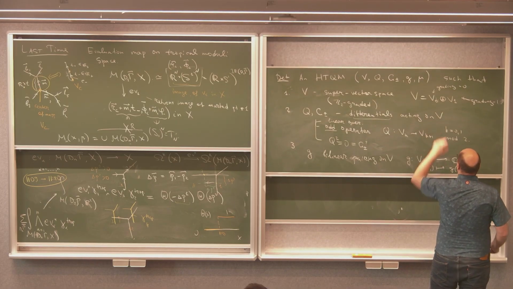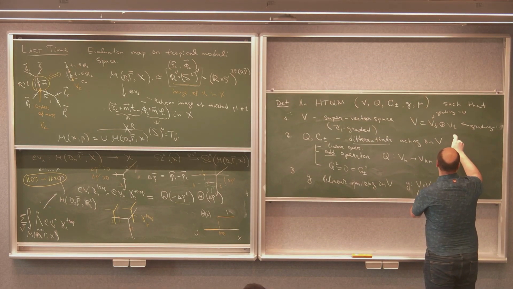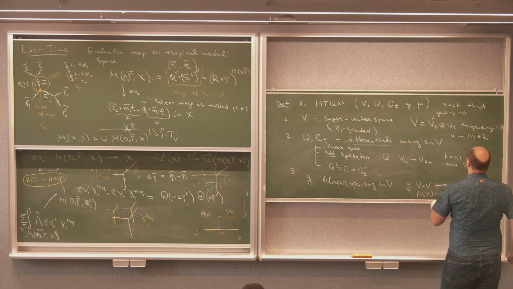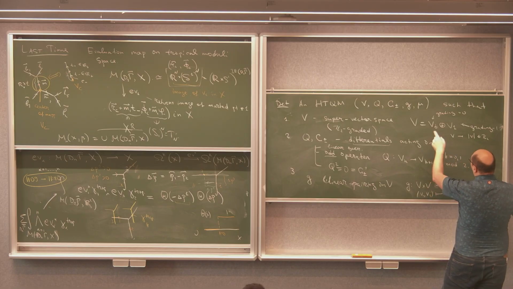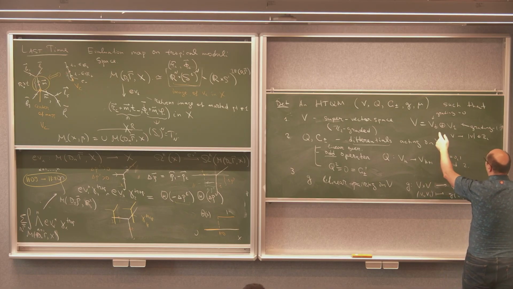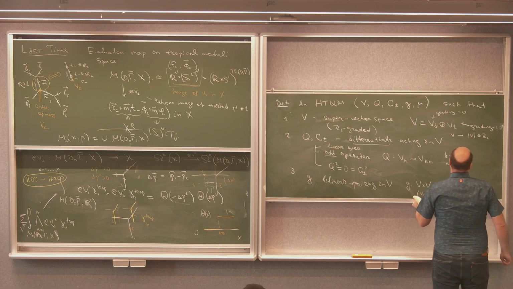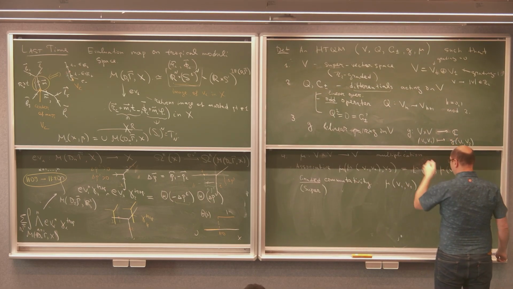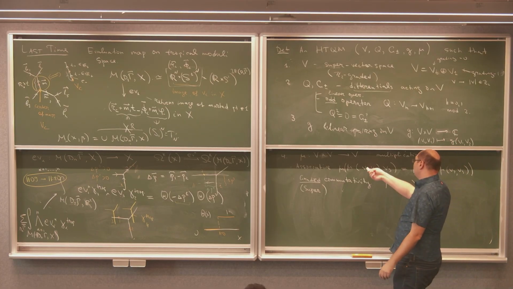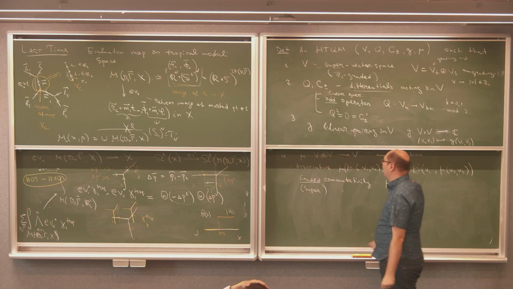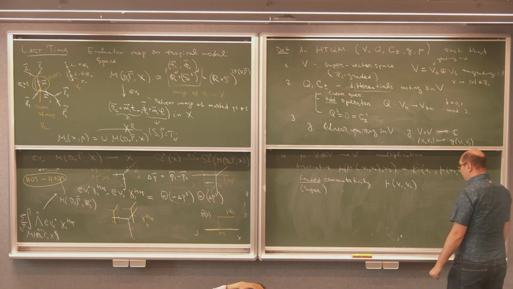Having a grading means that for each vector we can assign an element of Z2. If a vector lies purely in either V0 or V1, we can assign its grading. And mu is bilinear in both arguments.